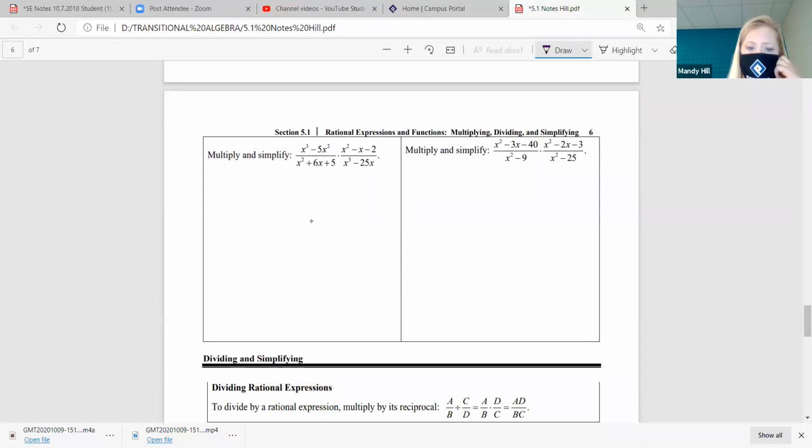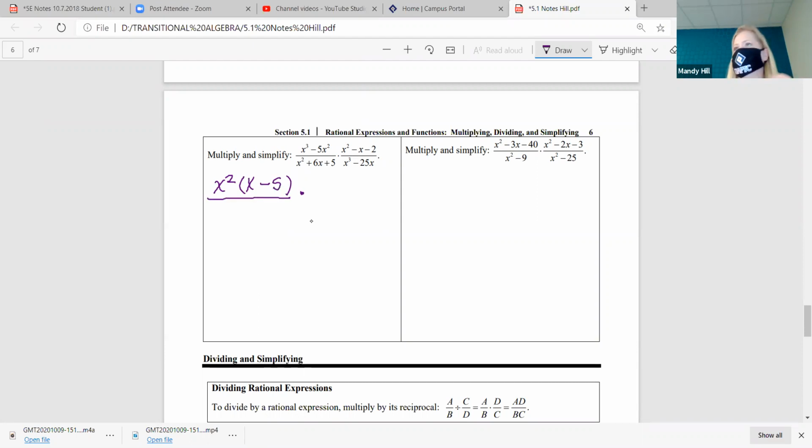So I'm focusing on this x to the third plus 5x squared. And when I look at that, I can see that I could take an x squared out of both of those terms. So if I take an x squared out of x to the third, I have an x left. If I take an x squared out of minus 5x squared, I would have a minus 5 left.